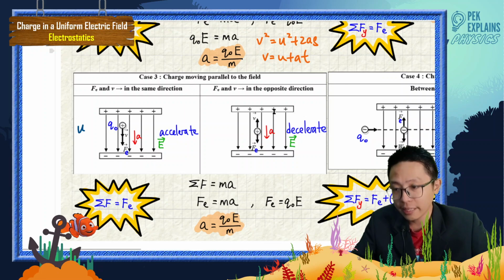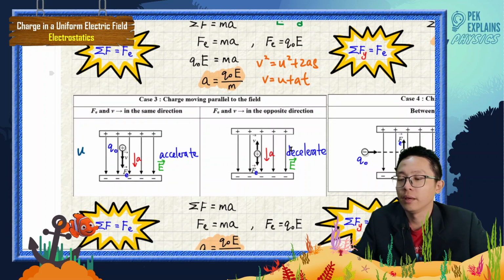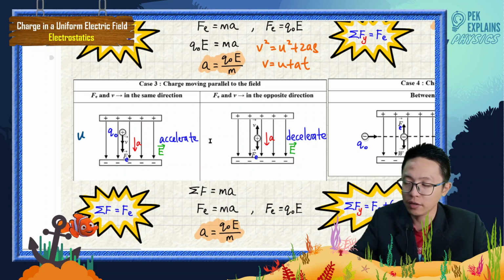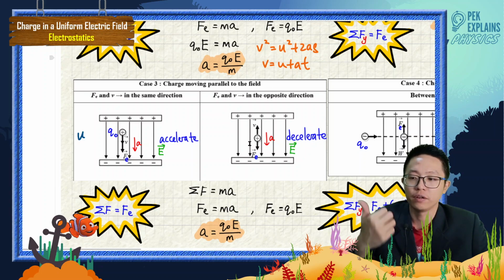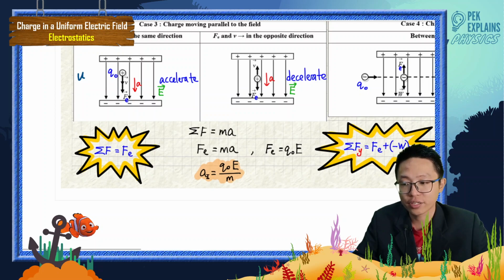So again, you can also apply the formulas v squared equals u squared plus 2as, v equals u plus at, and s equals ut plus half at squared for this situation, to find any information the question asks. If you want to find the displacement, the final velocity, or the time taken, you can use the kinematic equations.